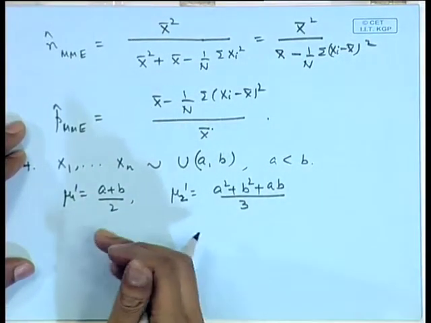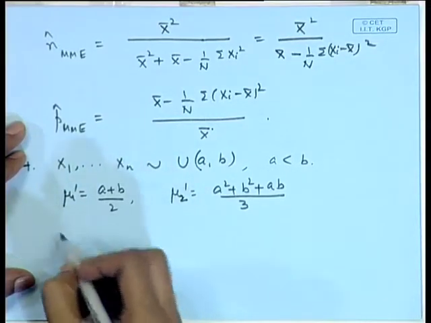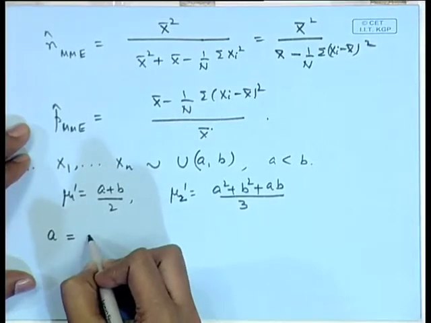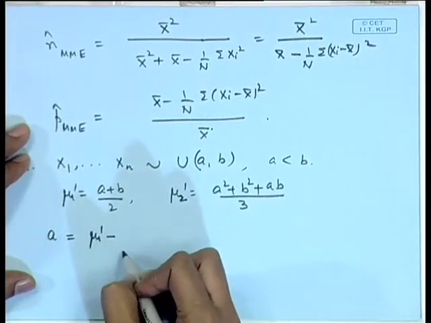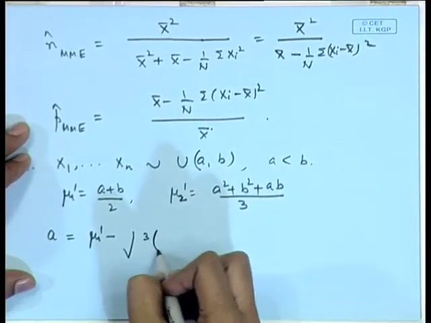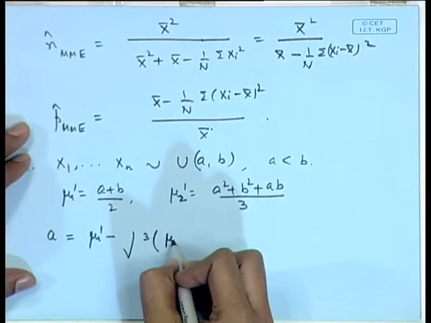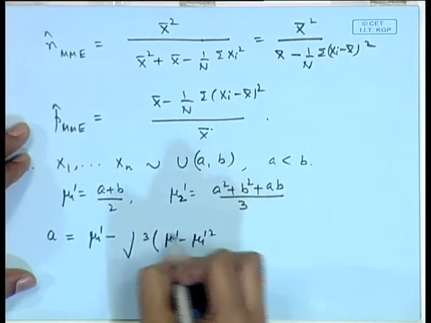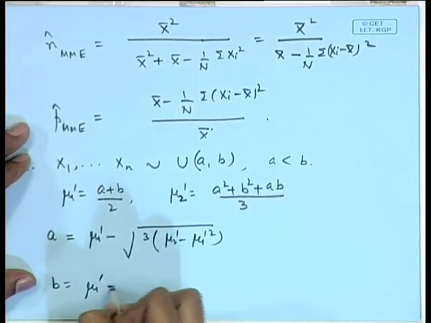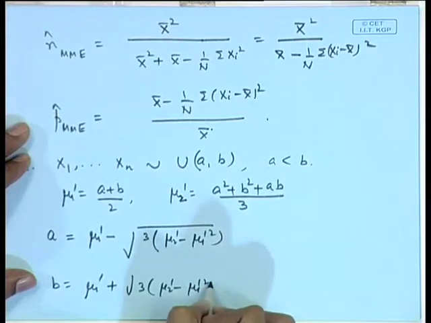So, if you solve these things, you will get a as mu 1 prime minus square root 3 into square root of mu 2 prime minus mu 1 prime square, and b is equal to mu 1 prime plus square root 3 into square root of mu 2 prime minus mu 1 prime square.